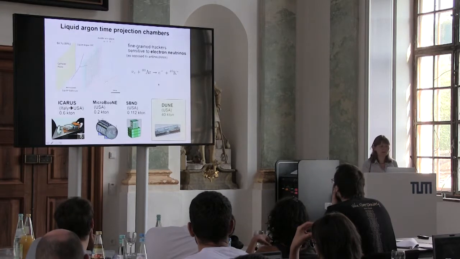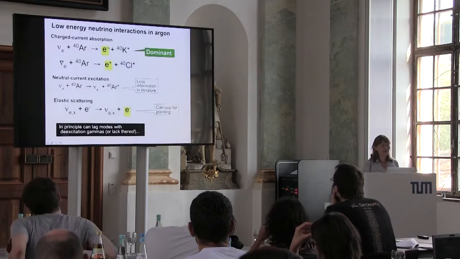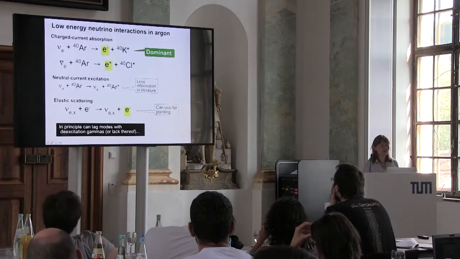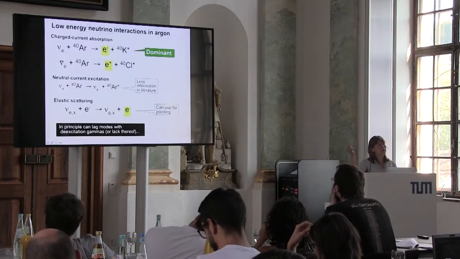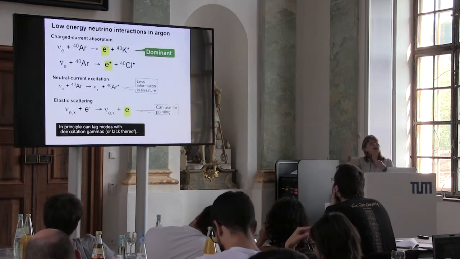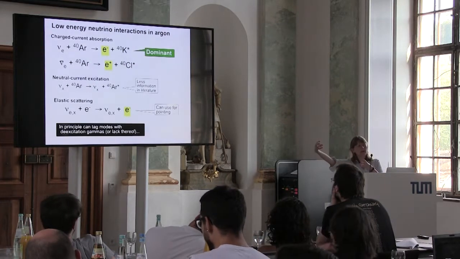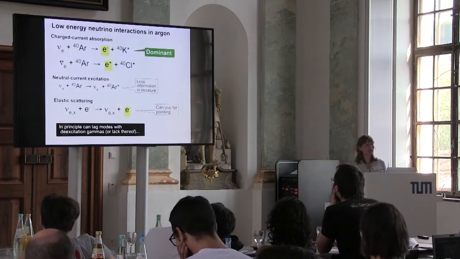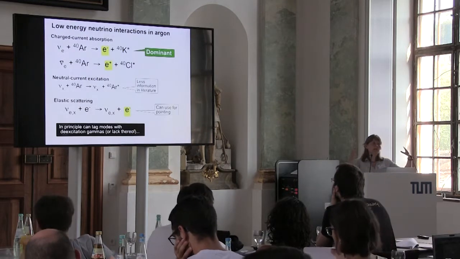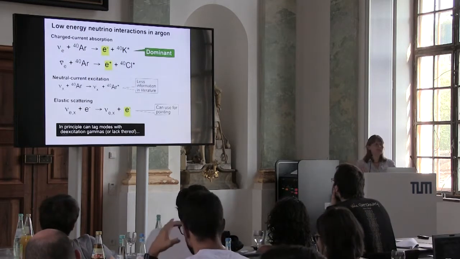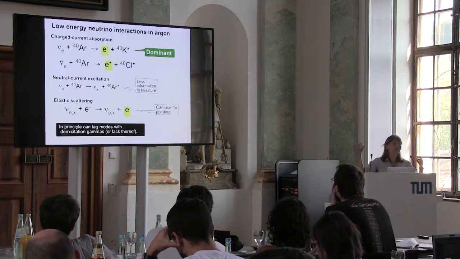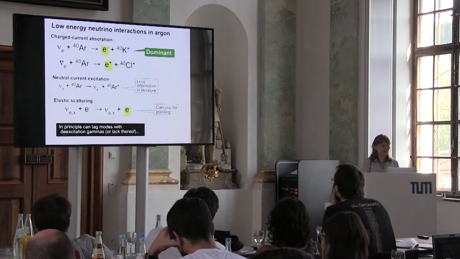What you're after here for liquid argon is the dominant channel, which is charged current interactions on the argon nucleus, where the observable is primarily the electron that comes out of the charged current interaction, which you track. You actually see the track in a liquid argon time projection chamber. Then you have an excited state of potassium, which gives you gammas, which in principle you can see as Compton scatters in the detector as well.